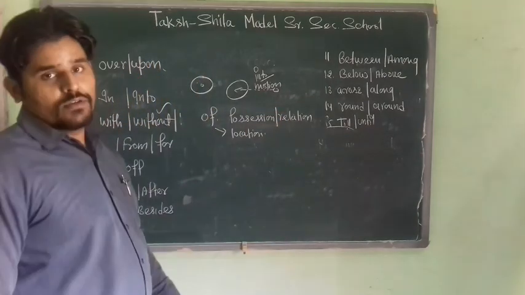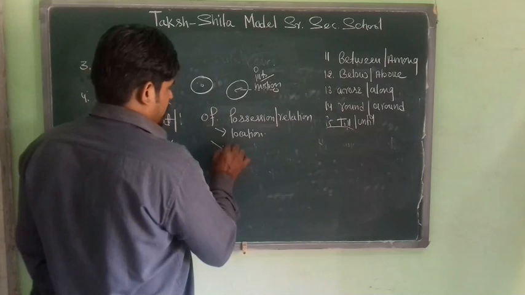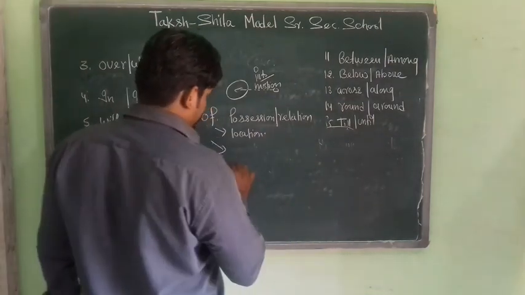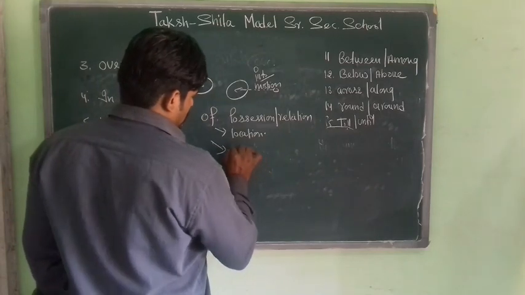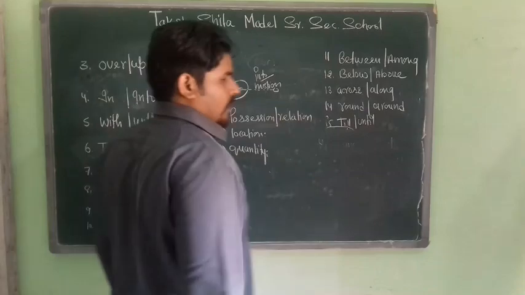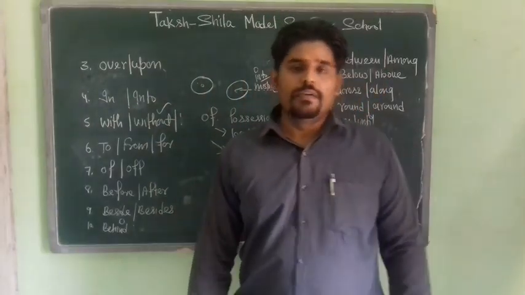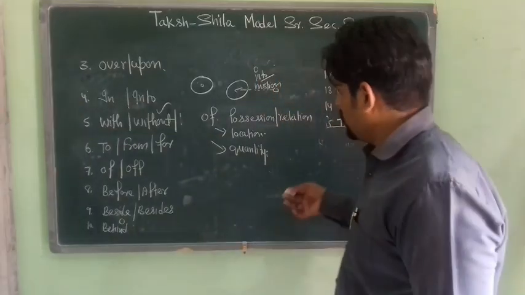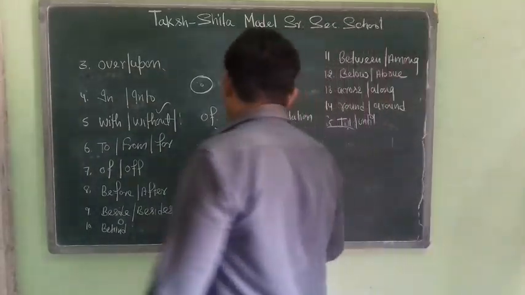In the middle of the road, right? Then it also shows quantity. How? A cup of tea, right? And 2 liters of water. So this shows quantity. So of is used in these 3 cases.